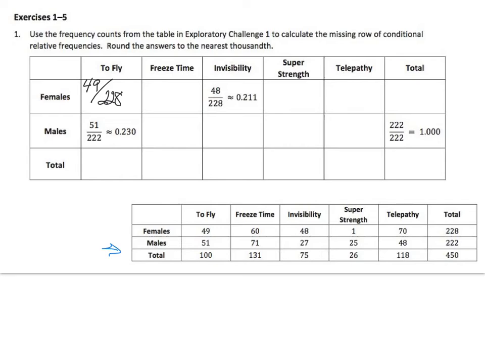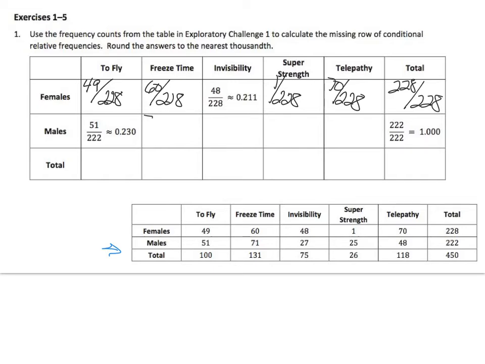So you would calculate that out. Freeze time, super strength, telepathy, and then here we would have 228 over 228, which is 100%.